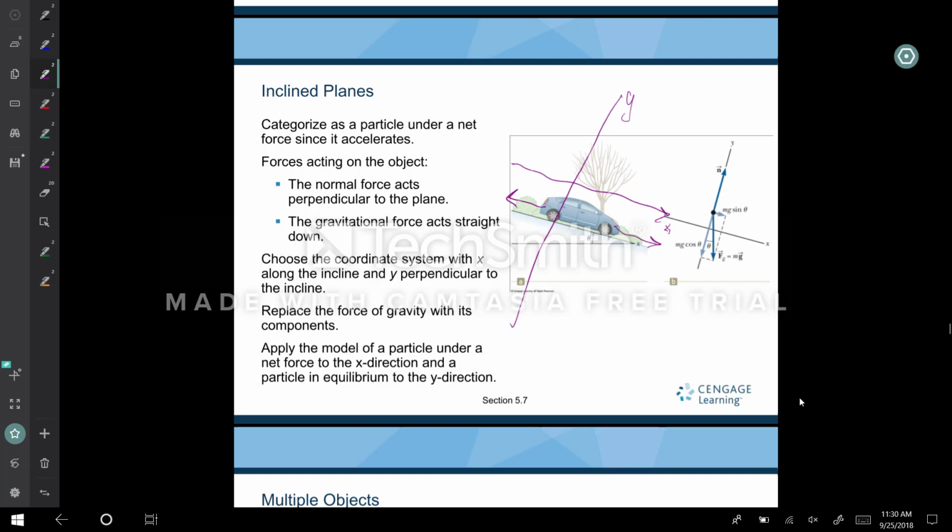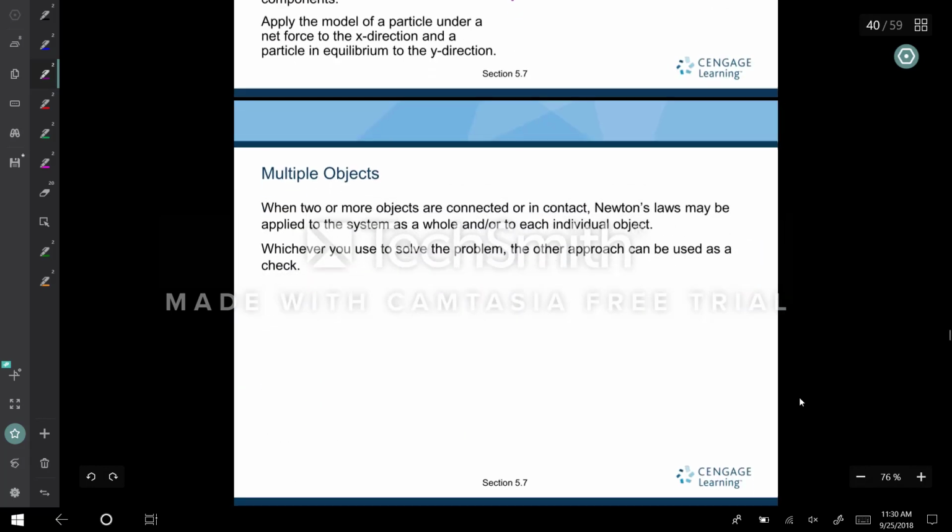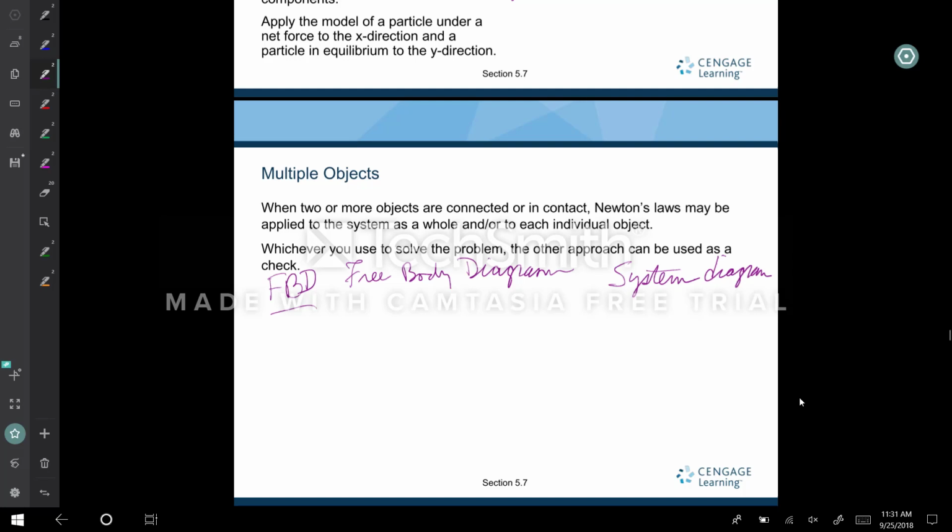So then we can draw what's called a free body diagram, FBD. Free body. You can also call it, I guess, a system diagram, where I can take two or more objects, and if I choose, I can consider groups of them at once, and internal forces between them won't affect their motion.